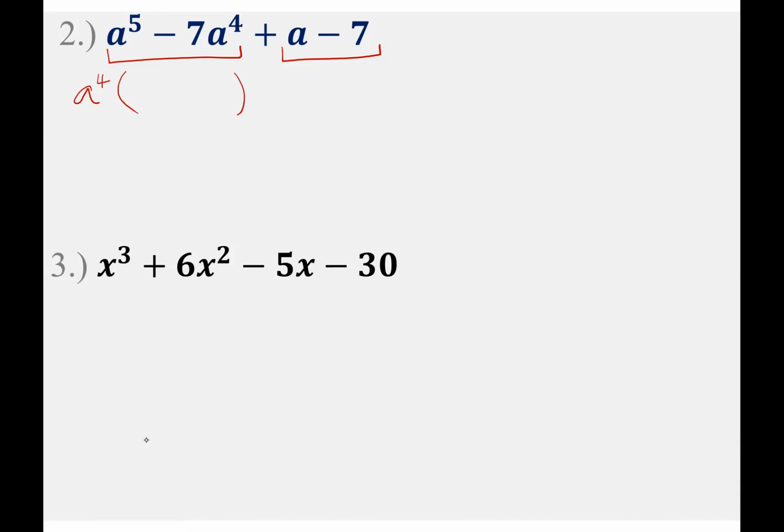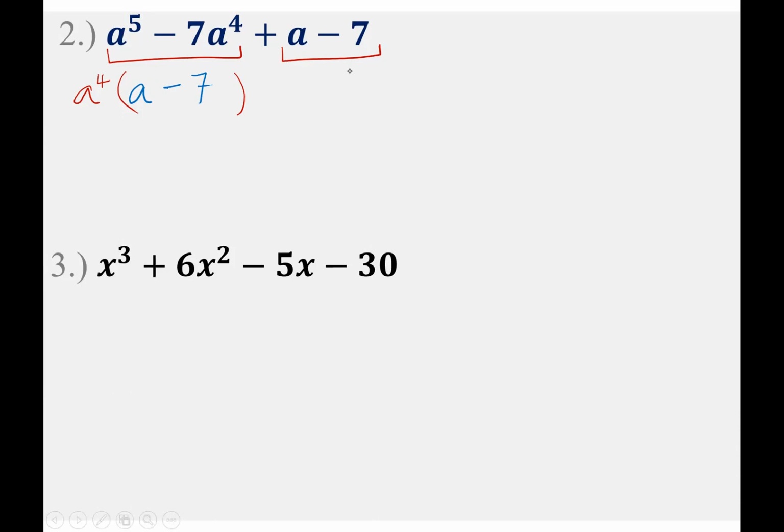Let's see what's left over. A to the 5th divided by a to the 4th is just a, because we can subtract exponents. 5 minus 4 is 1, so it's really a to the 1. Minus 7a to the 4th divided by a to the 4th is just 7. So I'm left with just a minus 7 in parentheses.